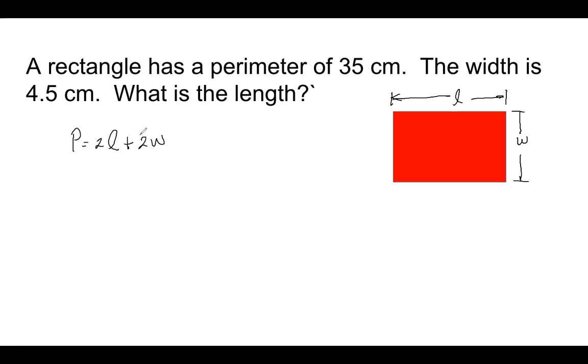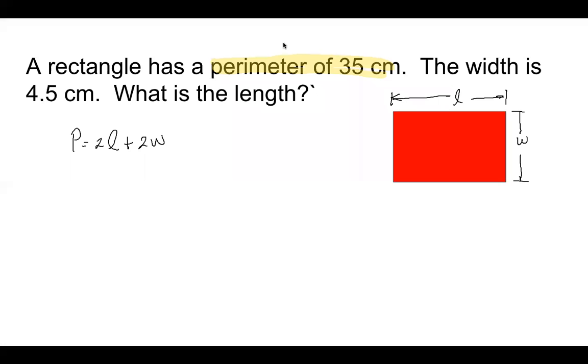So now I need to substitute. I've got way too many variables. I can't solve for 3 variables. I can only solve for 1. But this P is the perimeter, and I know what the perimeter is. Perimeter is 35 centimeters.